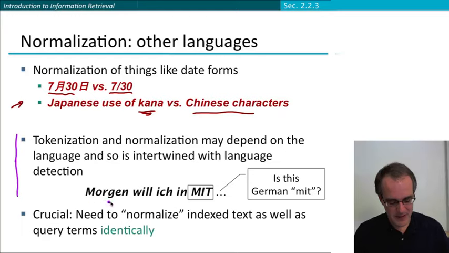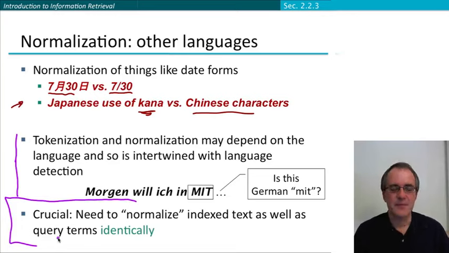But beyond those issues, let me just focus on one more issue which isn't so dependent on the language, is that having this process of matching between terms work depends on doing completely identical normalization of both the index text and the query terms.